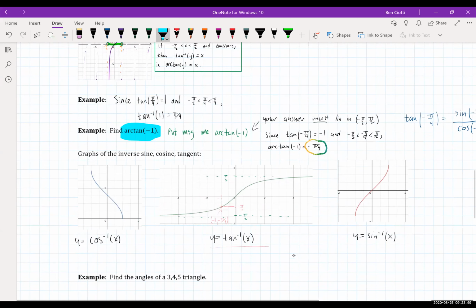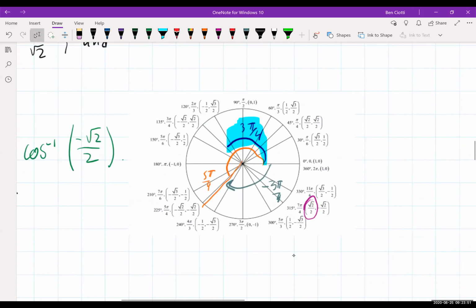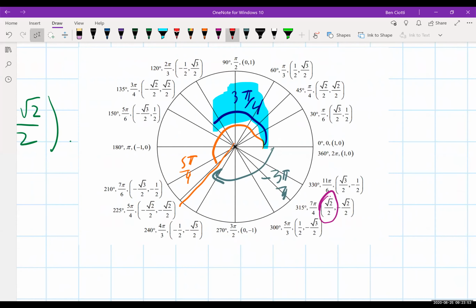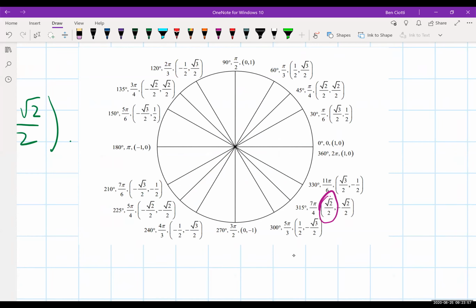Unless you're looking at one of the angles that's on the unit circle here, you have to use a calculator for most calculations. One of your challenges is going to be to have enough experience to know the difference between an angle that you can do by hand versus one that you have to evaluate using a calculator.